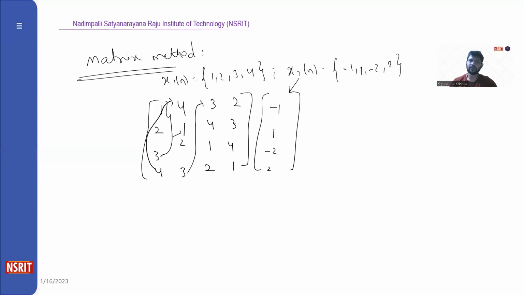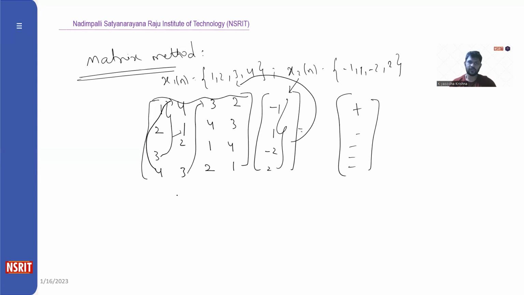Then it will be a circle, and we know the matrix format, so all these steps will go to here to calculate the one step, and then that will go to here. Likewise we have to calculate. So for example, 1 into minus 1, minus 1 plus 4, minus 6 and plus 4.